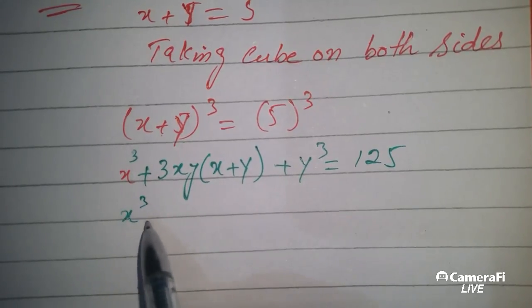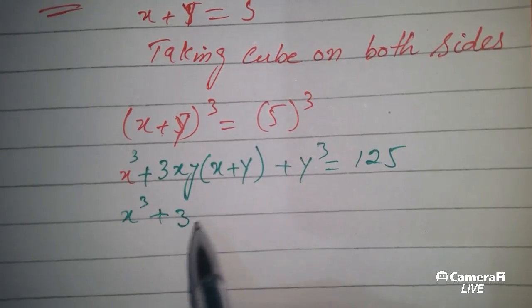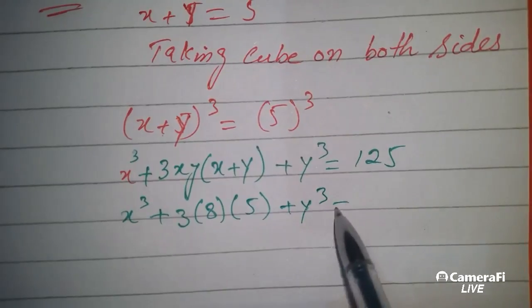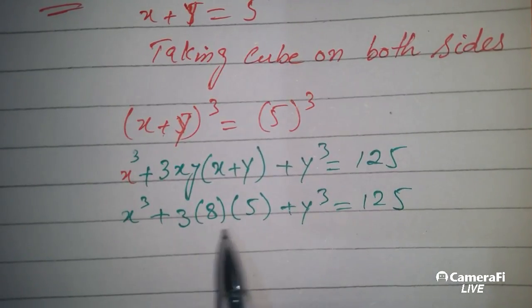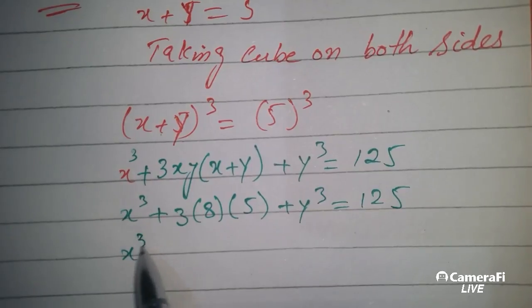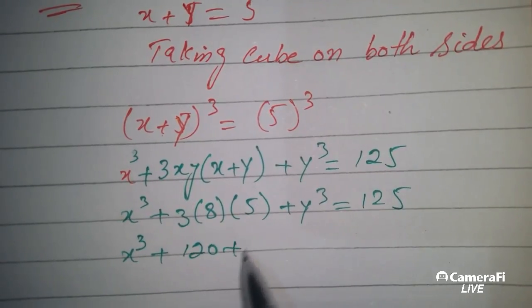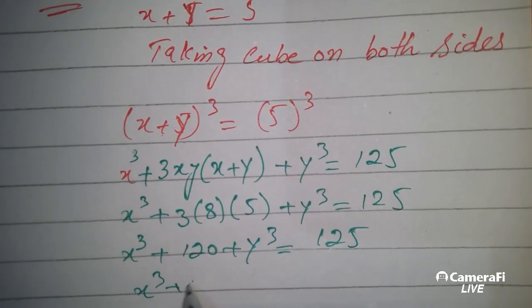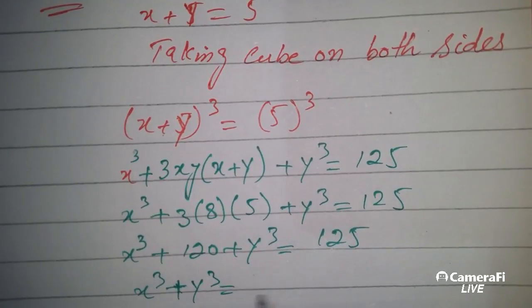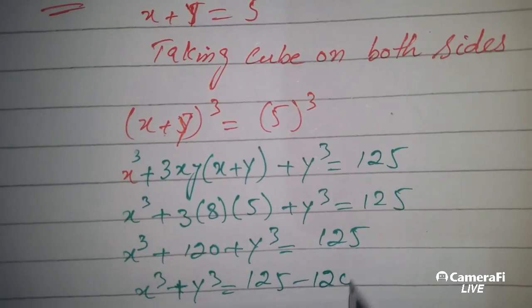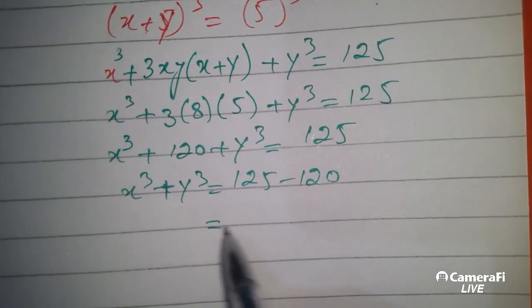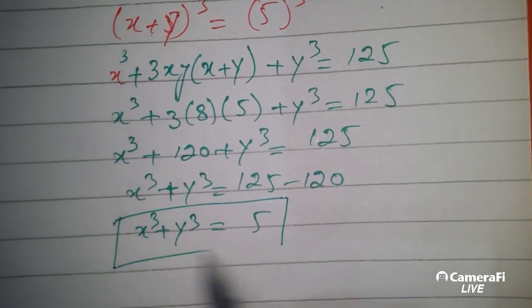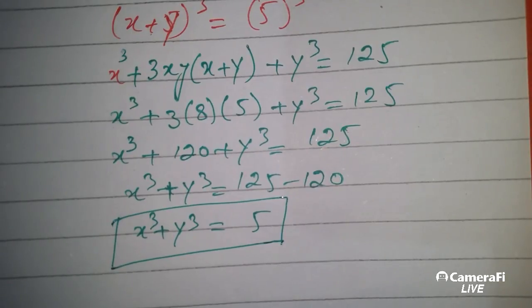So x cube plus y cube plus 3, and xy is equal to 8 and x plus y equals 5. This is the answer.